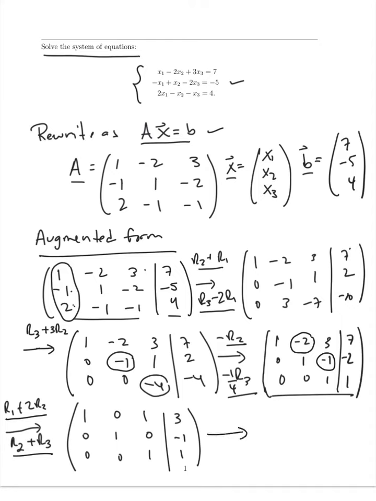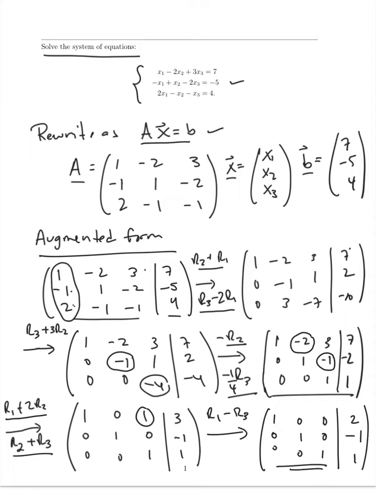And I just need one final step to remove this guy, and I simply can do row 1 minus row 3, and I end up with the identity matrix, and on the right, 2, -1, 1. So basically I'm done with the row reduction process. Now I just have to conclude what my solution is.